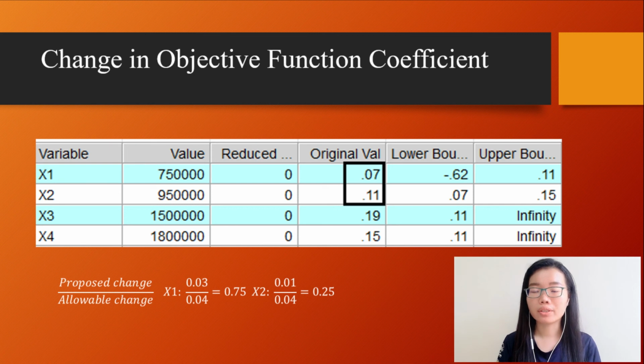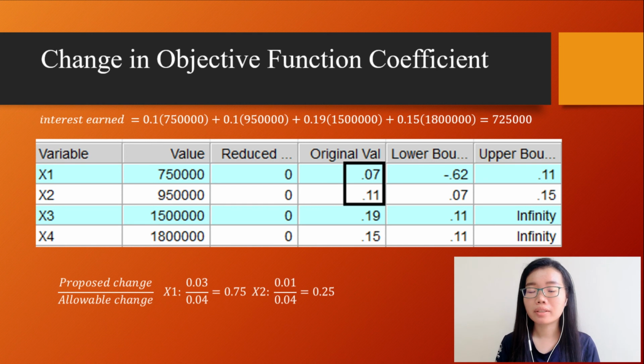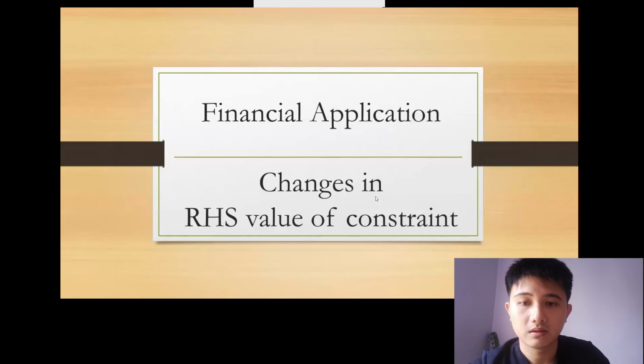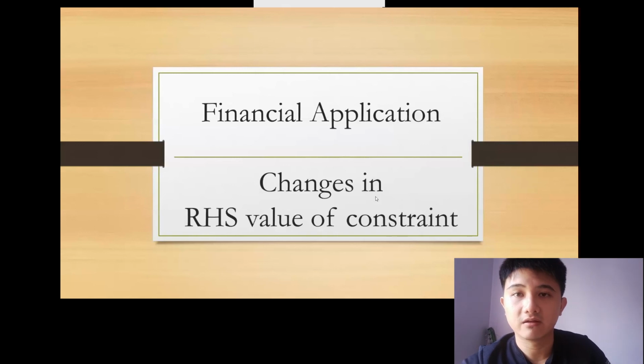The sum of these ratios is 100%, which is within 100%. Hence, the optimal solution will remain optimal, and the total interest earned is 725,000.